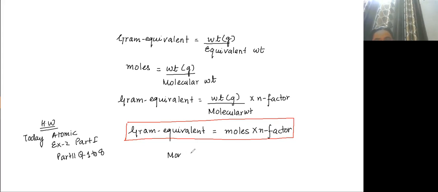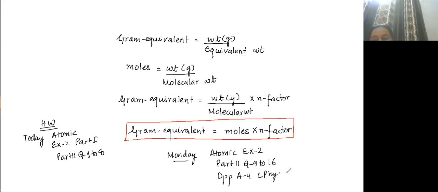Monday, homework is atomic structure, exercise 2 part 2 remaining questions, question number 9 to 16, and DPP A4 of physical chemistry, as DPP A3 we have discussed. Along with this, if any test paper doubt is there, you can ask. So we'll discuss exercise 2 part 2 and DPP A4 of physical.